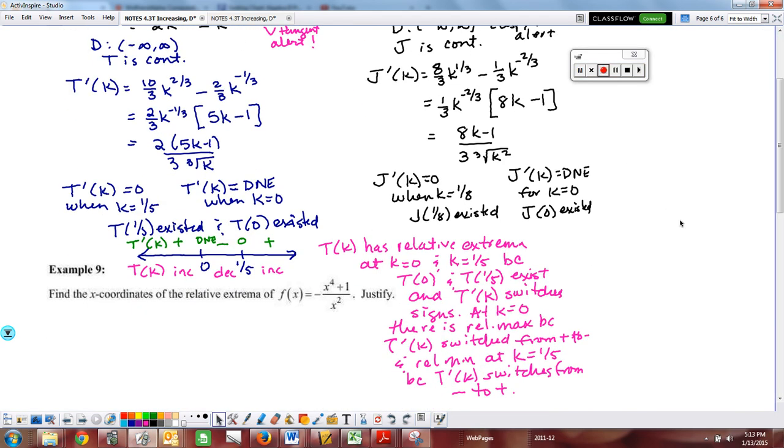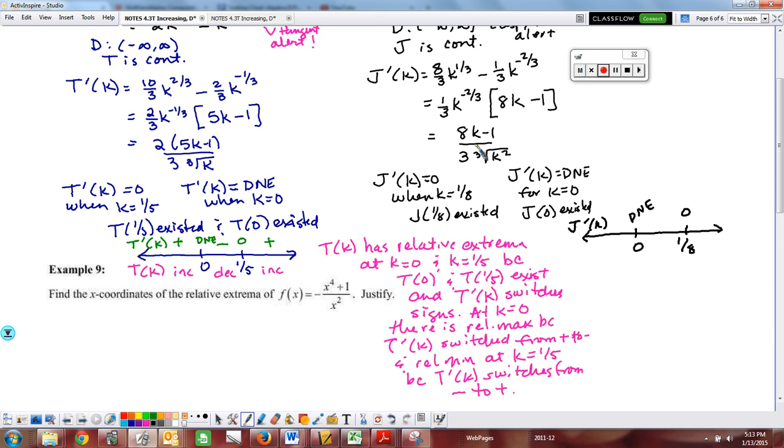Alright, so now that we have our critical values, we can create our sign chart. I'll slide over here a little bit. So we have our 0 and our 1/8. And again, remember, you're going to be very careful about your labeling. So this is going to be the derivative that I'm looking at. At 0, it was d and e, just like it was over there in part A. We test our values in the derivative.